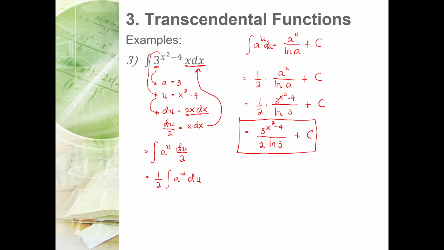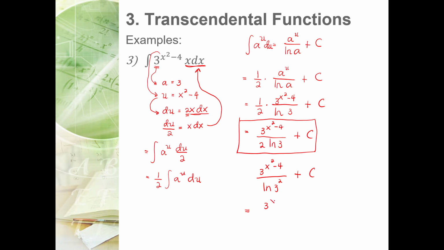Or you can rearrange the denominator, since the coefficient of your log functions, natural log, common log, is the exponent of the term inside the log function. So you can also present it in this manner: 3 to the x squared minus 4 all over ln 3 squared, right? Because again, the exponent here could be the coefficient of your log functions.